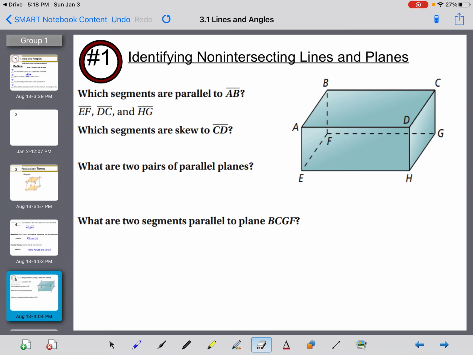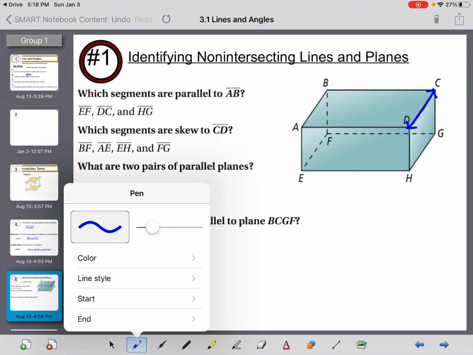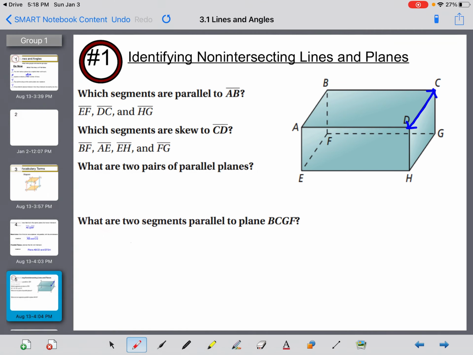Which segments are skew to CD? So CD, if they're going to be skew, that means they cannot be in the same plane. They cannot be parallel. So what do we have? We have BF, AE, EH, and FG. Well, let's take a look. BF, certainly skew.